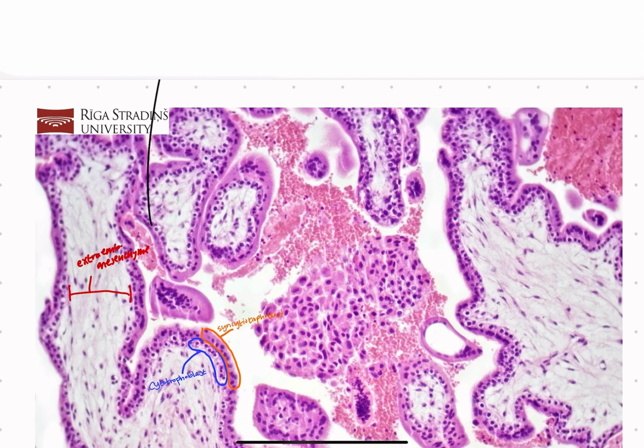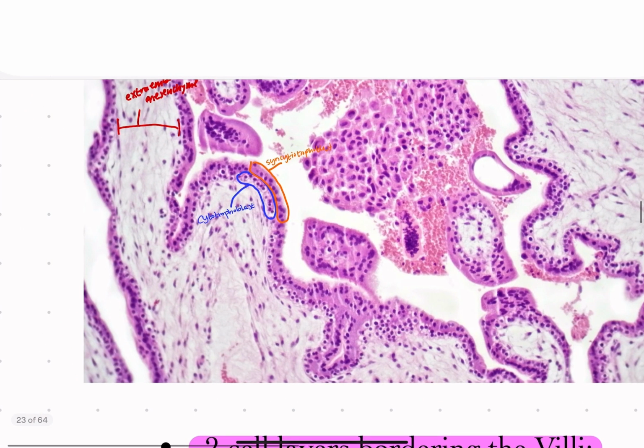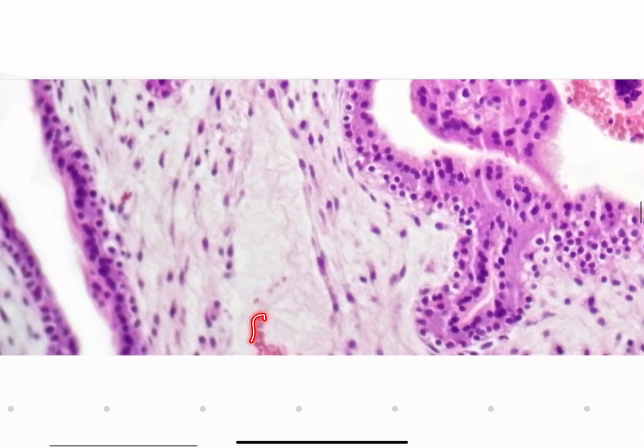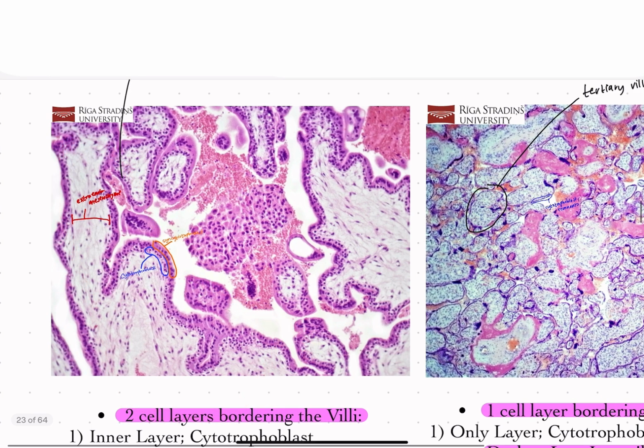And fetal blood would be within the tertiary villi. So a good example of that would be this tertiary villi. You can see that there's a blood vessel right here, and then zooming in, we have some red blood cells. Now that would be fetal blood. So again, the fetal blood is always within the tertiary villi. Maternal blood is always within the intervillar space.